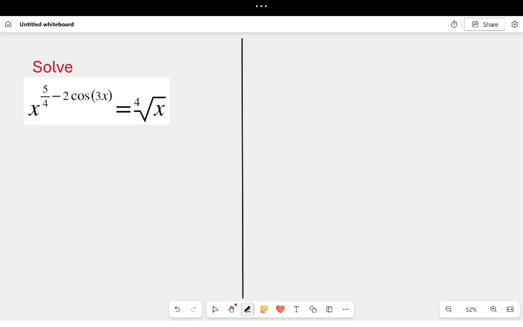Now to solve this question, we have x to the power 5 over 4 minus 2 cosine 3x is equal to... Now what we're supposed to be doing, on the right hand side, we're going to write it in index form.